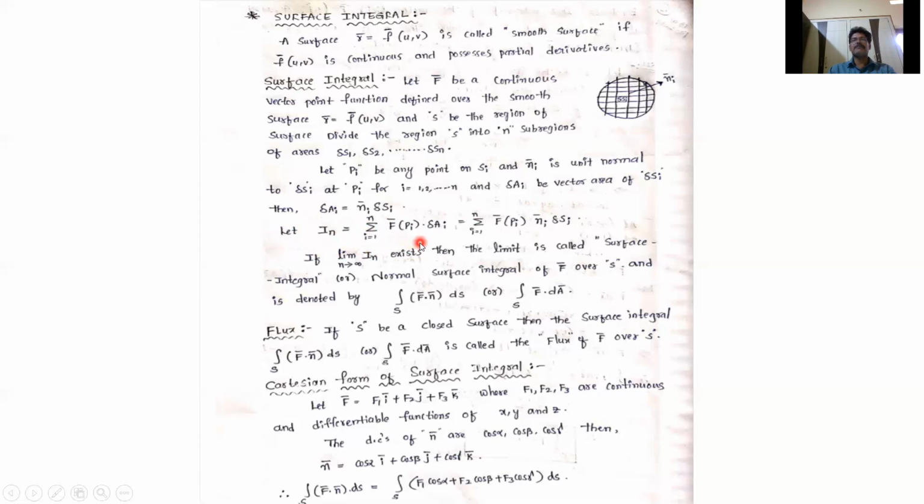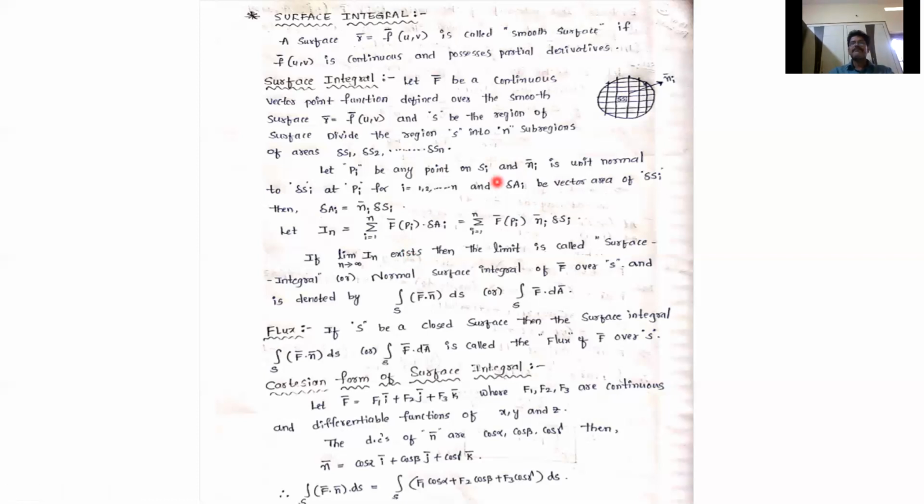That means f bar P1 dot delta A1 plus f bar P2 dot delta A2, and so on, up to f bar Pn dot delta An. Simply we write sigma i equal to 1 to n of f bar Pi dot delta Ai.